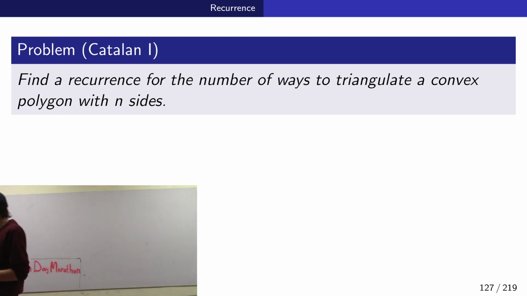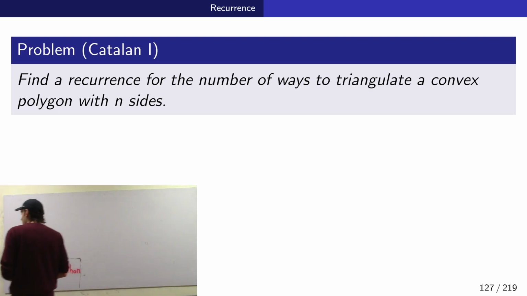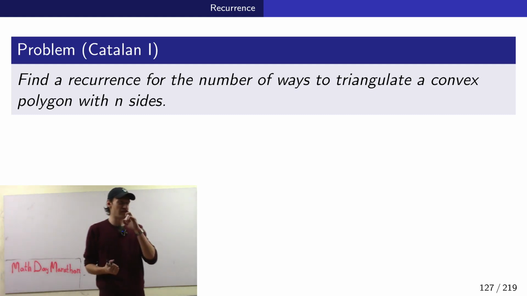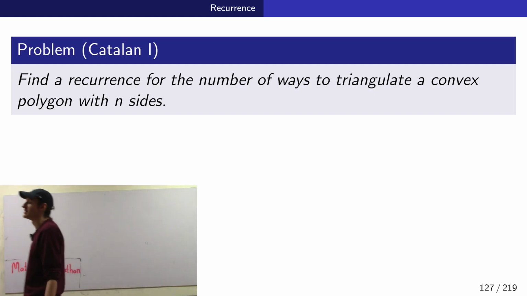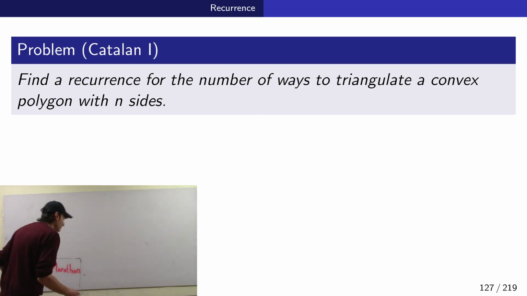We're going to find a recurrence for the number of ways to triangulate a convex polygon. I'm actually going to change this. Instead of being n sides, I want to do it with n minus 2 sides, which sort of doesn't matter, because polygons with 1 or 2 sides aren't really a thing. So they only really start off with 3.